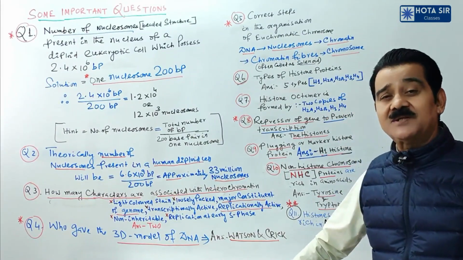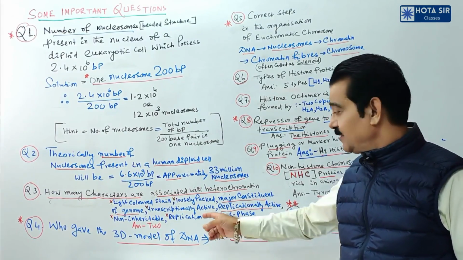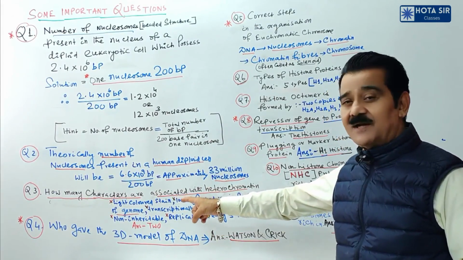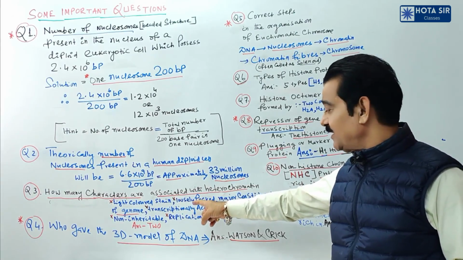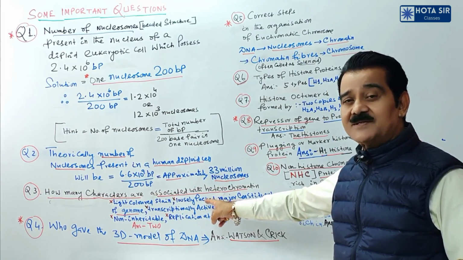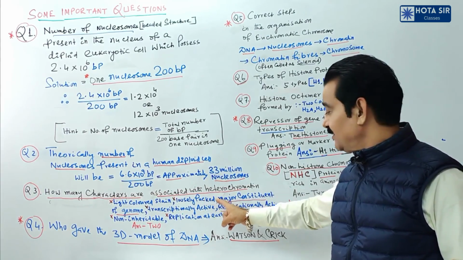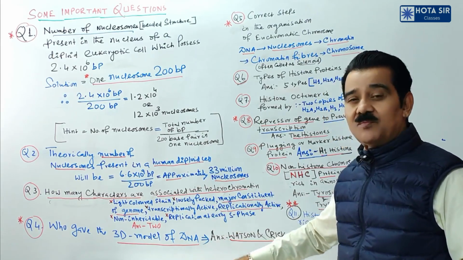Have a look. How many characters are associated with heterochromatin? We know the characteristics of heterochromatin. Number 1 is light color. It is wrong, because heterochromatin is dark in color. Second, loosely packed. We know heterochromatin is tightly or densely packed, so it is wrong. Third, major constituent of genome.